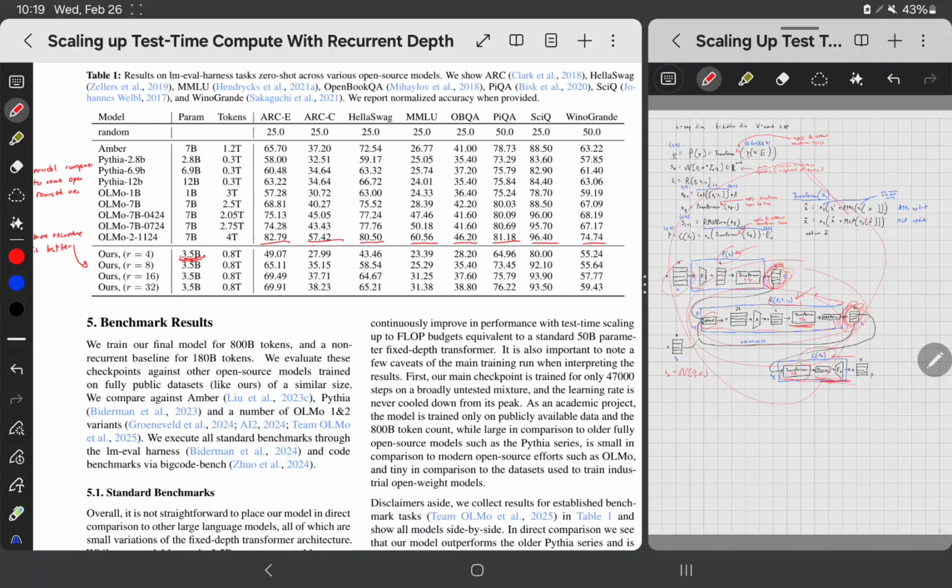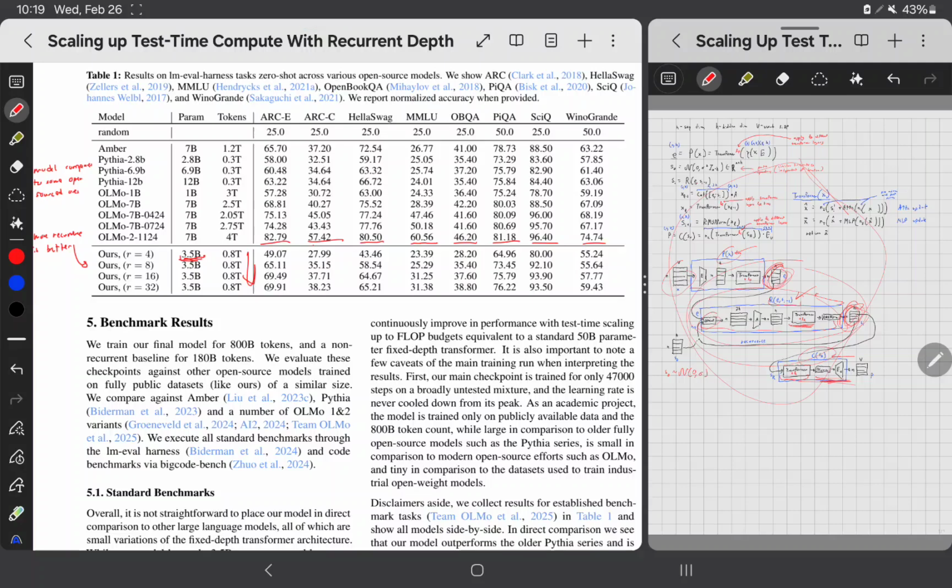So that would be 8 transformer blocks total. 4 recurrences would be, say, 32 transformer blocks. So that's the scale you can think of here. But the number of parameters doesn't increase because we're doing this recurrence operation. As the number of recurrence operations increases, the model does better. So that shows that this recurrence actually does matter, and it does help.